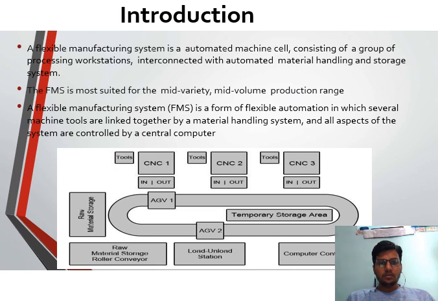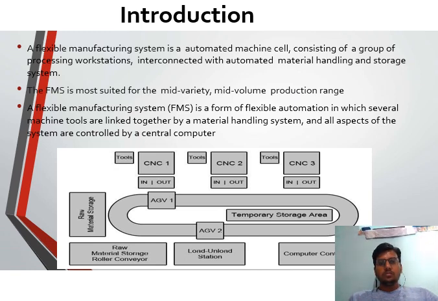The raw material storage devices or roller conveyor feed the raw material, which is moved through different units. Then there are load and unload stations where we load the raw material on automated guided vehicles. AGV means automated guided vehicle. There are two AGVs being used for moving the raw materials in this area.